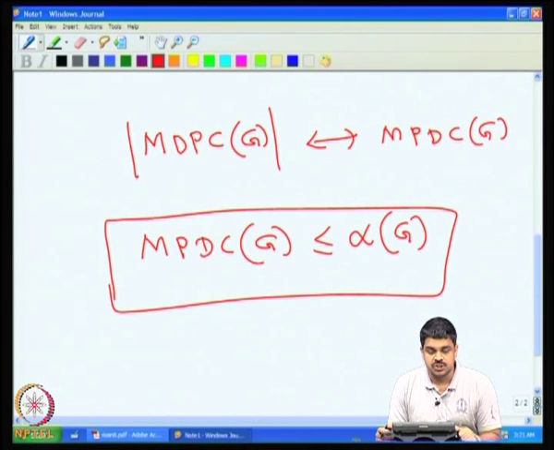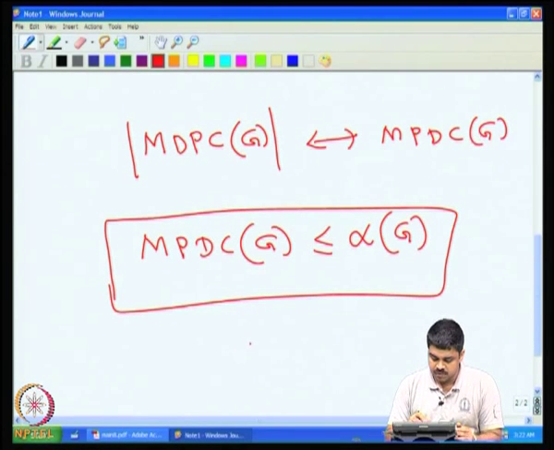The paths should be disjoint and each vertex should be present in exactly one path, so all the vertices should be covered. But now if you remove the directions on the edges and look at the underlying undirected graph and look for the minimum path cover, you may be able to cover with a smaller number of paths.